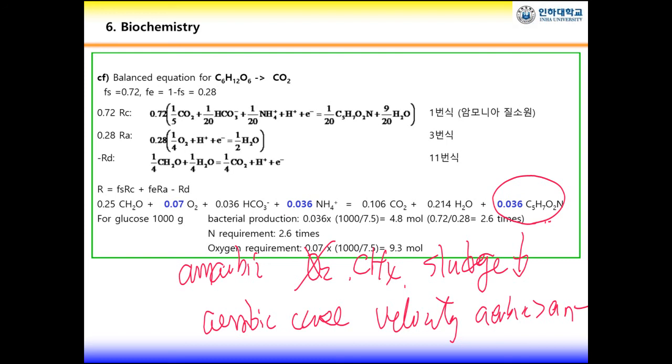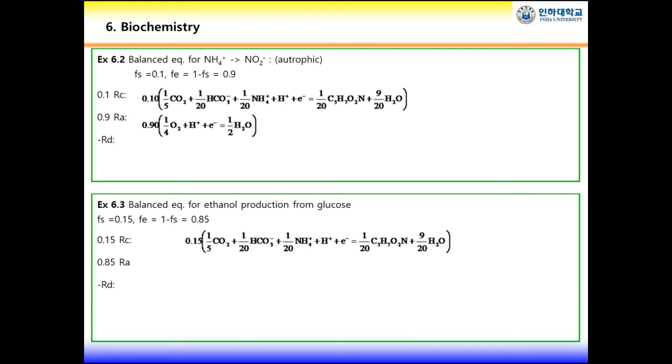So we must consider two opposite facts. More sludge is in some sense good, but in some sense bad. So we must think of those carefully. Okay, let's move to the next slide.